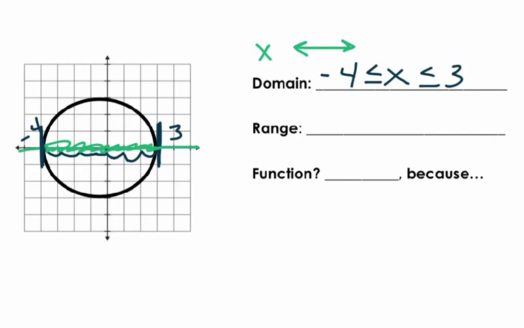So let's look at the range then. So remember, the range is your y, your output values, okay? I think I can make a neater y there. There we go. And it's vertical on the graph, remember. That's your up and down axis, and it's this one that I'm putting in yellow. So where is the circle crossing these, okay? And you kind of see where we're going with this.